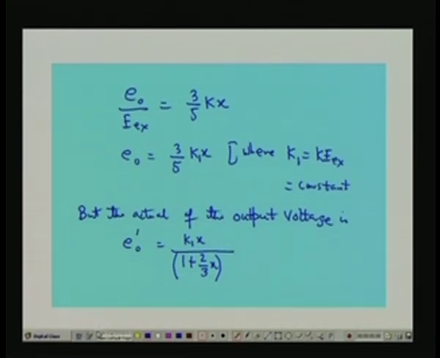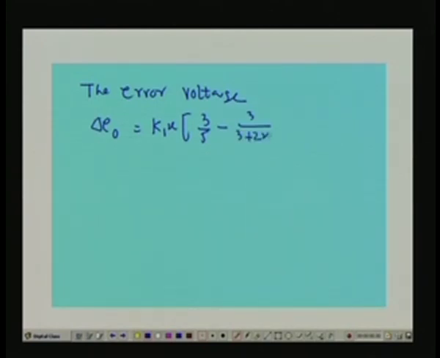The error voltage obviously will come up as the error voltage, so I give it the name delta E naught equal to k1 x 3 by 5 minus 3 by 3 plus 2x, equal to 3 k1 x by 5.